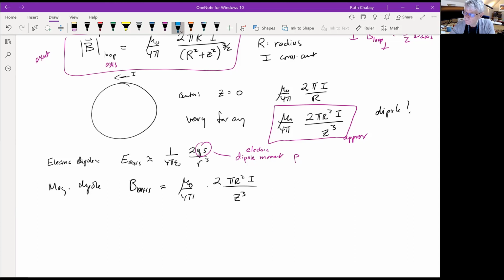And this whole thing is the magnetic dipole moment. Unfortunately, the symbol is mu, the Greek lowercase mu, not mu sub 0, but just mu. The magnetic dipole moment is equal to the cross-sectional area of the loop times the current.